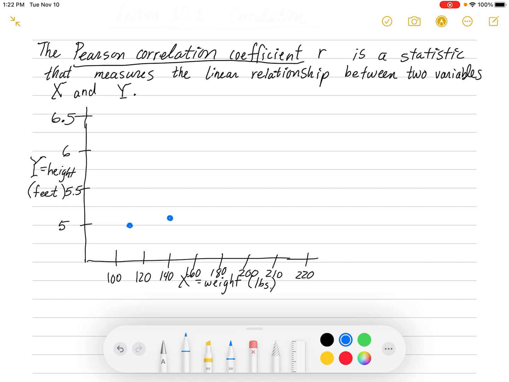Not quite. And then let's say someone's 160 pounds and they're 6 feet. And someone's 180 pounds and they're 5 3/4 feet. And someone's 200 pounds and they're between 5 3/4 feet and 6 feet. And someone's 210 pounds and 5 3/4 feet. And let's say someone's 120 pounds and they're more than 6 feet.